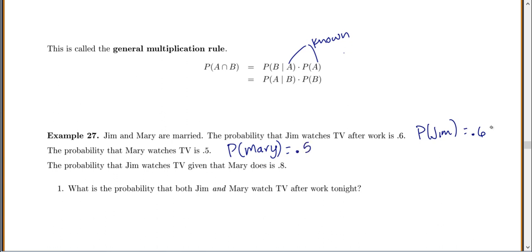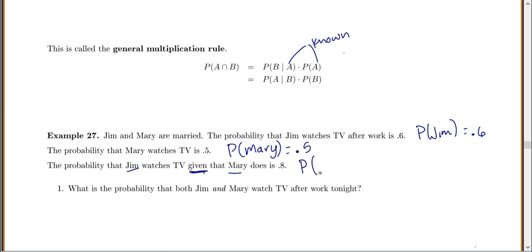The probability that Jim watches TV, given that Mary does, is 0.8. Notice here now we have a given. We also have a Jim and a Mary in there. So read this and think to yourself, does this sound like an or, an and, a given, or an if-then? This was a given, so that means it's conditional probability.